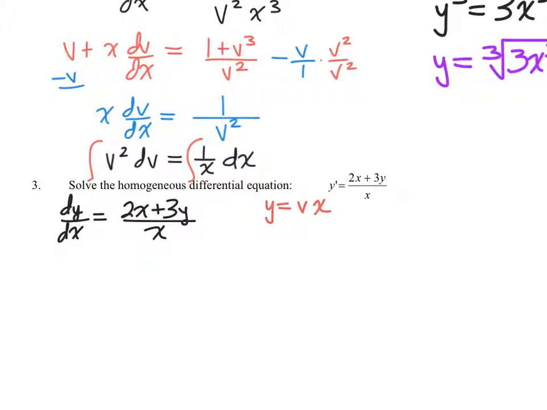The benefit of that is that we can do a substitution of variables and get a new differential equation equivalent to the original, but anti-differentiable based on the separation of variables technique. In order to do that, we need the derivative of y = vx: the derivative of the first times the second, plus the second times the derivative of the first.